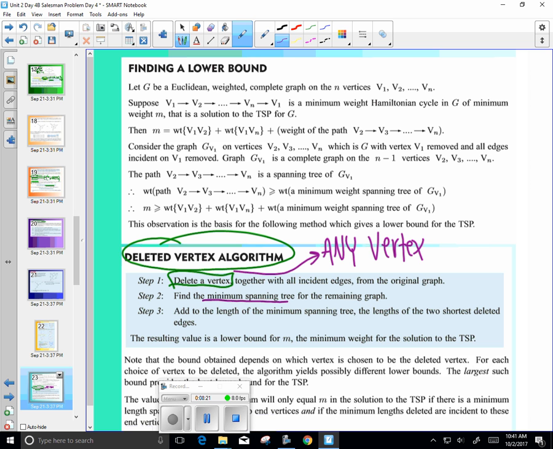Find a minimum spanning tree on the remaining graph, and then on the last 2, connect with least weight 2 edges.